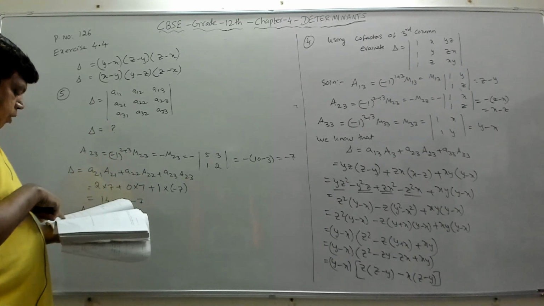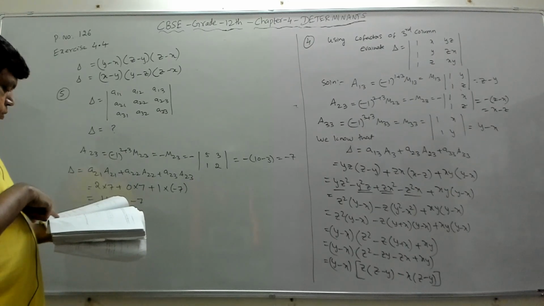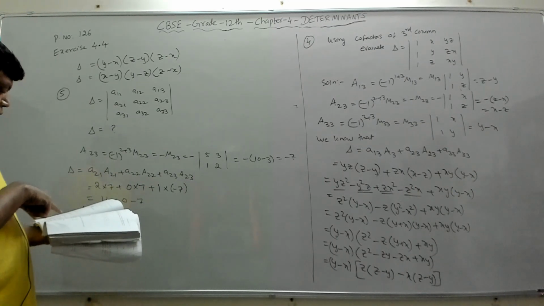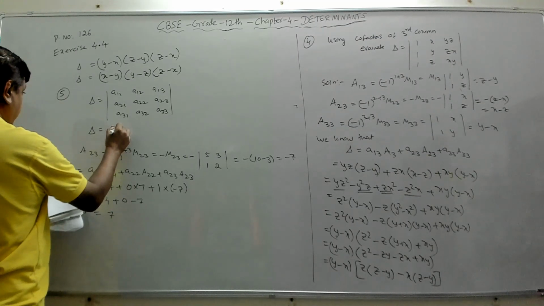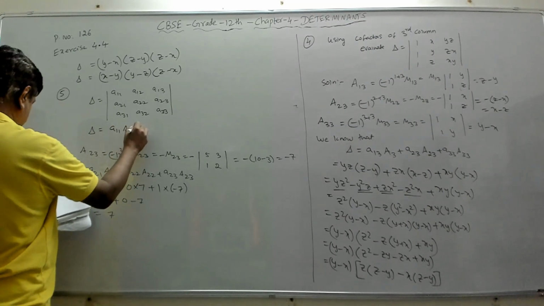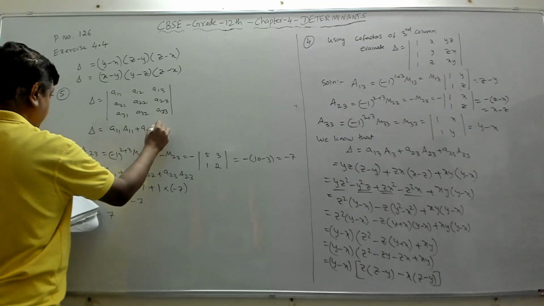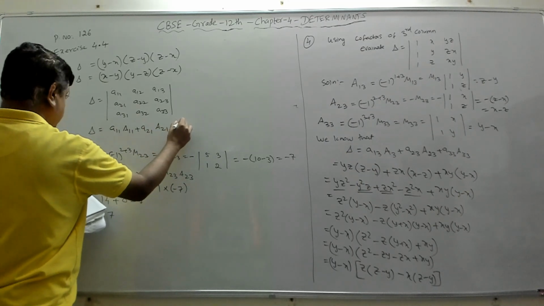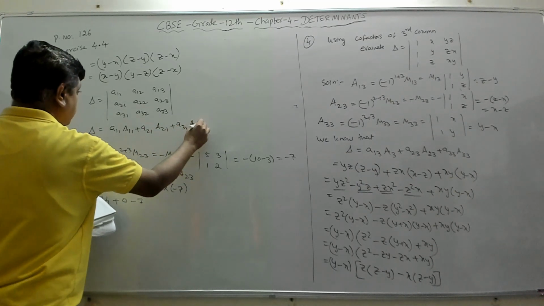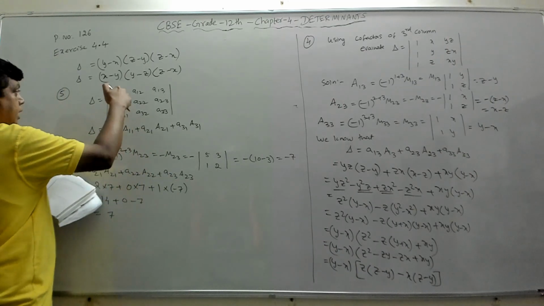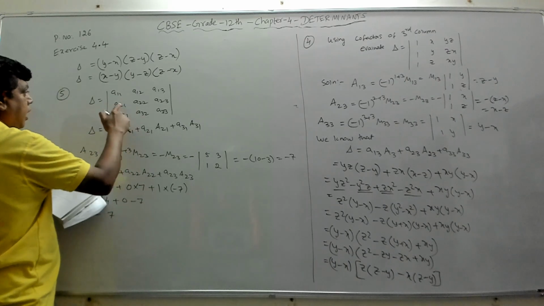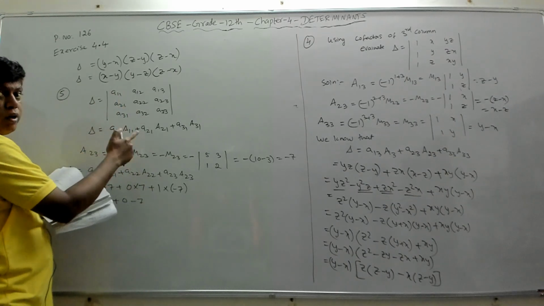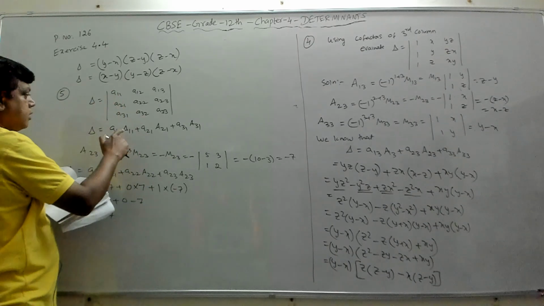Value of the determinant, if you observe, A11, A11, A12, A12. So it is option D, because your delta will be equal to a11 into capital A11 plus a21 into capital A21 plus a31 into capital A31. So you are taking the elements of column 1, which are a11, a21, a31, and multiplying the elements of column 1 with their corresponding cofactors.